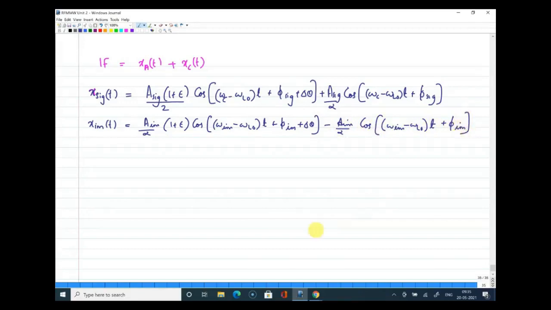So I have taken the signal components from the previous two equations separately and added together to form the signal component here. Similarly, I did for image. All right, I hope this is clear.